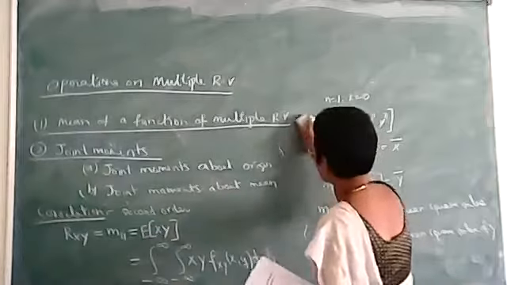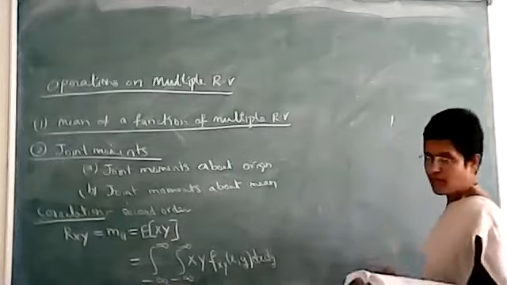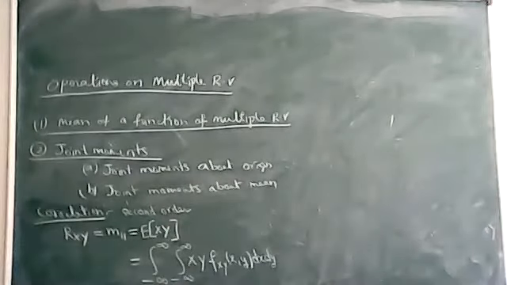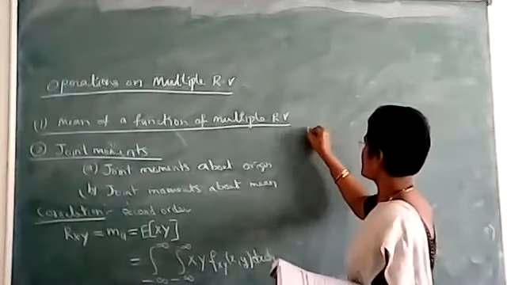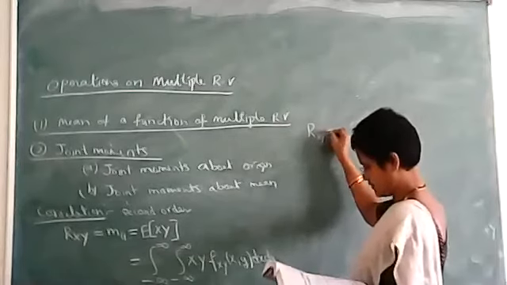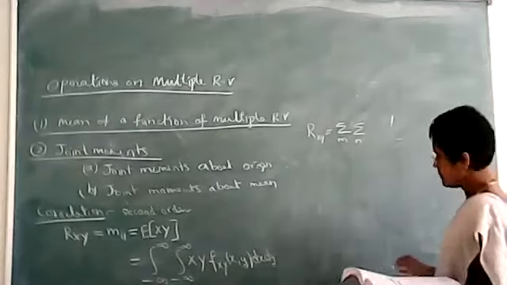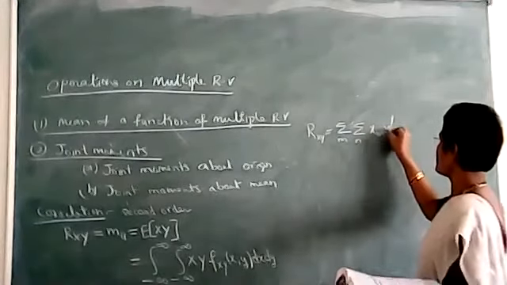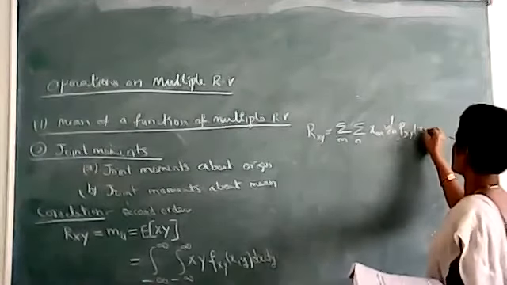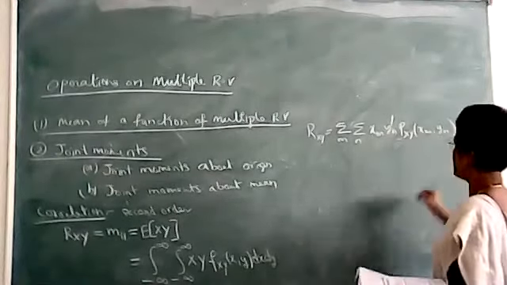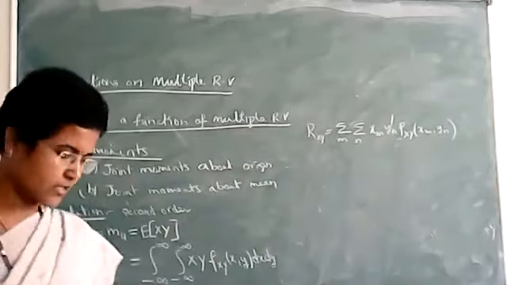For the discrete case, instead of integration we will have summation. Since we have two random variables, we have two summations: Rxy is given as summation over m, summation over n, xm yn pxy(xm, yn). So this is the correlation in the discrete case.